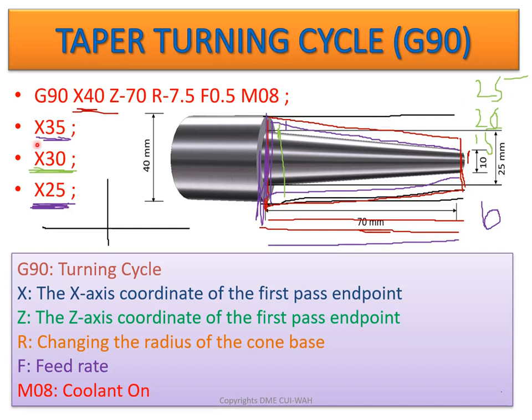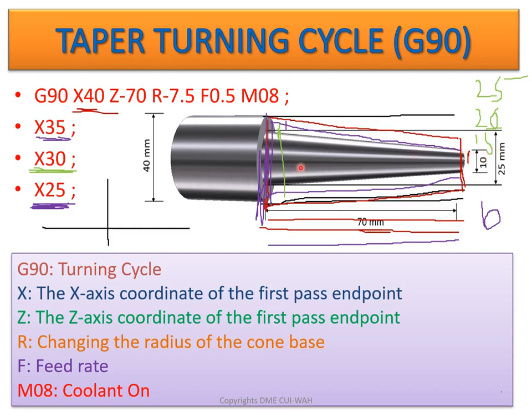In the next command, the diameter was x35. Now this side is reduced to x35 mm. At this end, the diameter will be 20 mm. Now in the next cycle, the diameter was reduced to x30 mm. Now this side was reduced to 30 mm, and at this side the diameter is 15 mm. I have written it there.